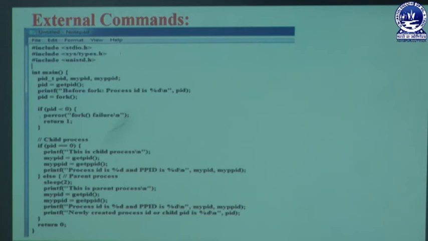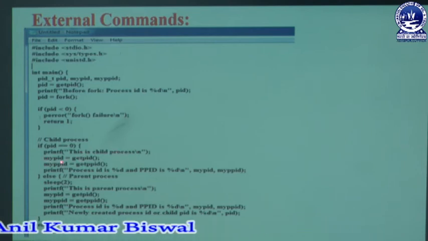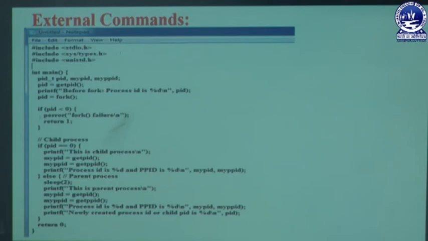That means if pid is equal to 0, there is no newly created process below us and we are in the child state, where 0 is stored in pid. Here in mypid we use the getpid method to retrieve the process ID, which is stored in mypid. Then myppid is also used, and we invoke getppid. Each method invoked gives us a process ID, which is stored in the mypid and myppid variables.